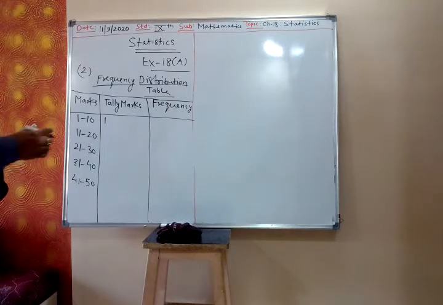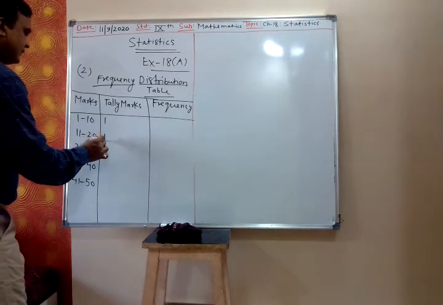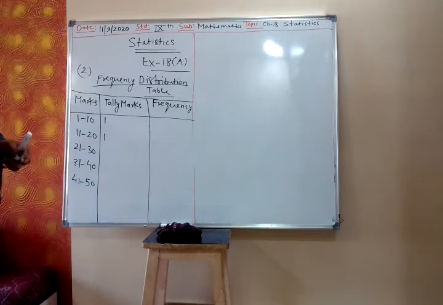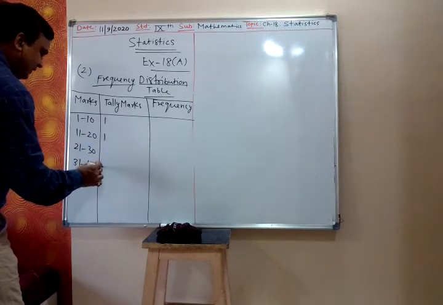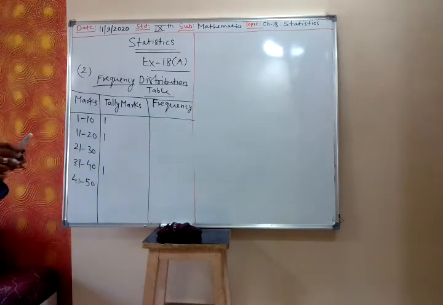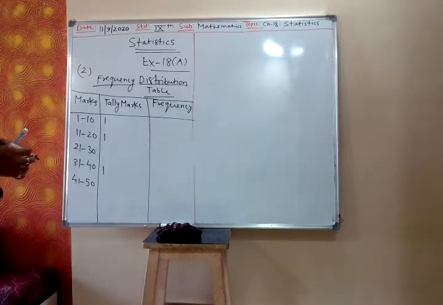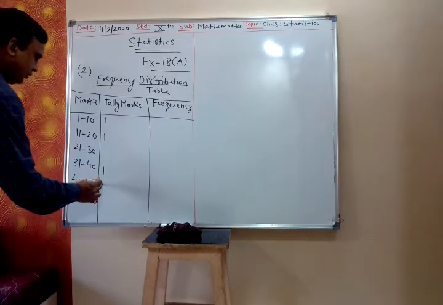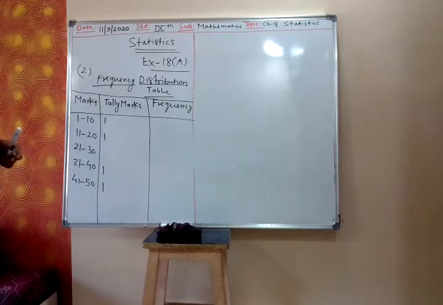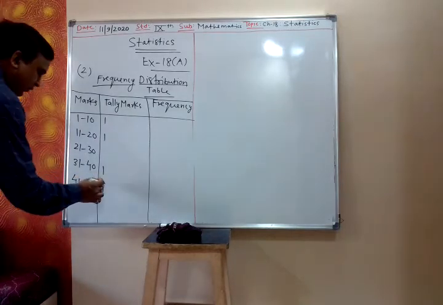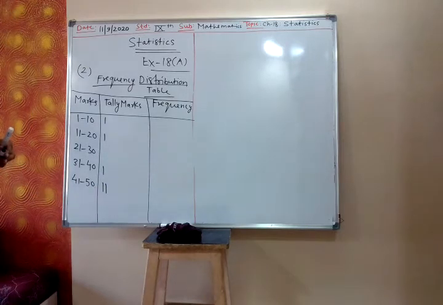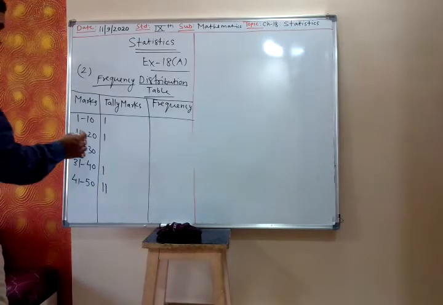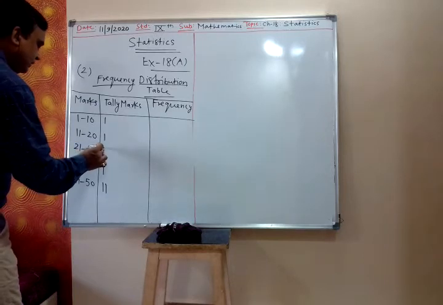Then 17 you will write in this. Then 33, you will write in this 31 to 40 range. Then 41 you will write in 41 to 50 range. Then 47 you will write again in 41 to 50 range. Then 23 you will write between 21 to 30 range.